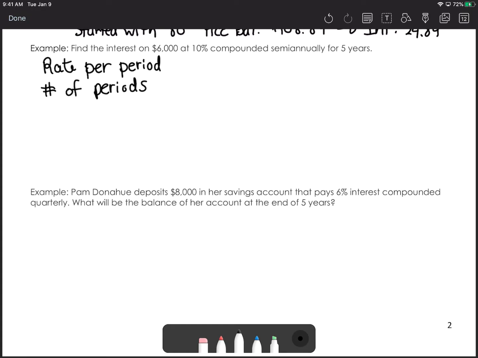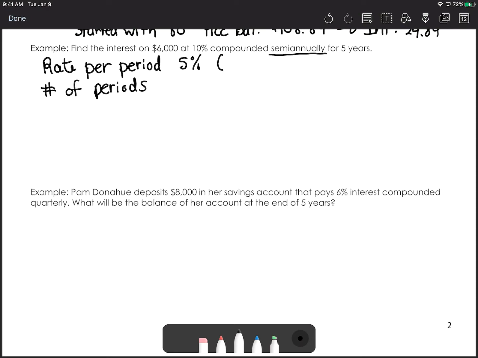Since this is 10% over the entire year, but we're compounding it twice a year because it says semi-annually, that means we're splitting up that 10% into 2 periods. So that 10% is going to be split up into 2 chunks. So the rate per period is going to be 5%.